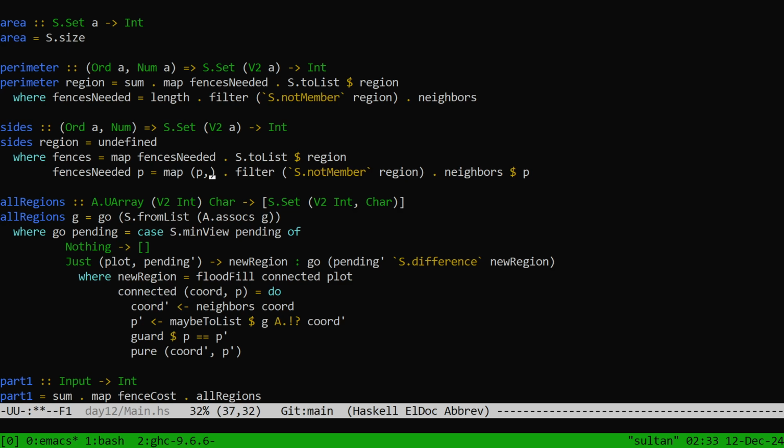So now I kind of want to find the ones where the wall being defined is horizontal and group them together by their shared y coordinate.